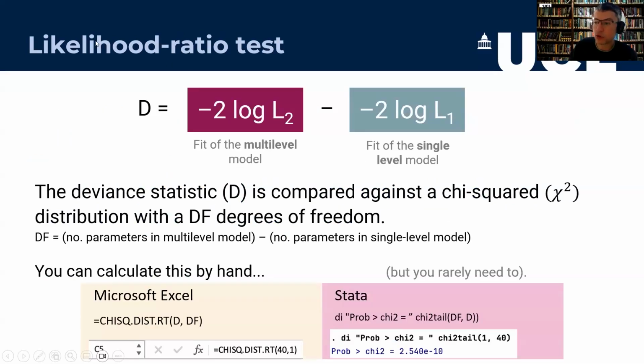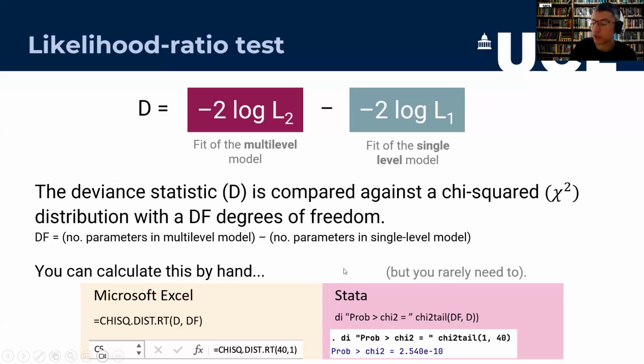The most common way is to use the likelihood ratio test that checks how well a certain model fits the data, and then compares these two likelihoods to see whether we should be rejecting or not the null hypothesis that the simple model is better than the nested model.